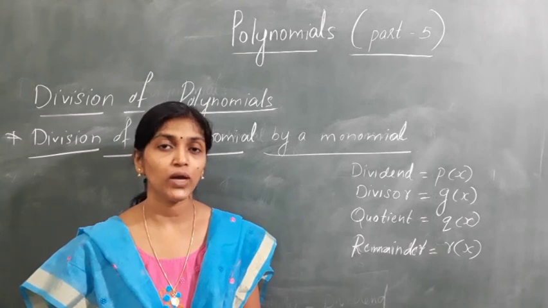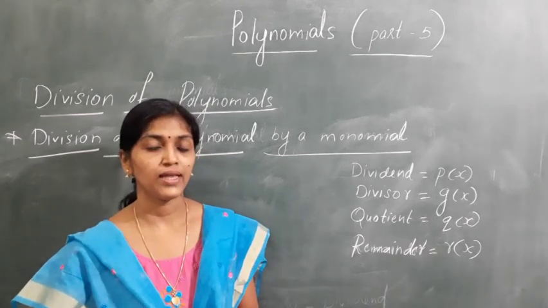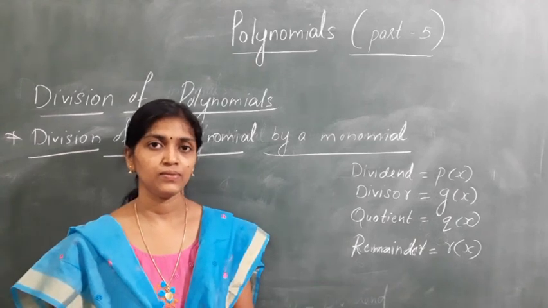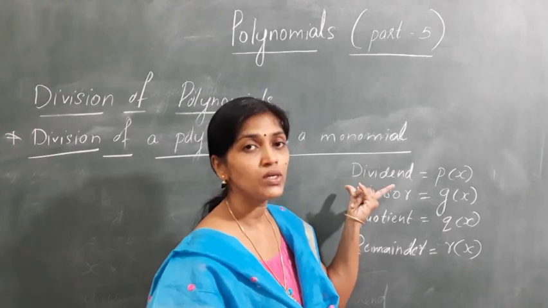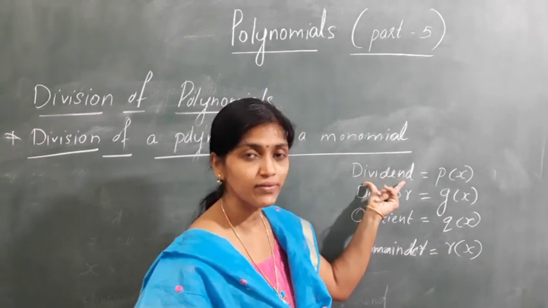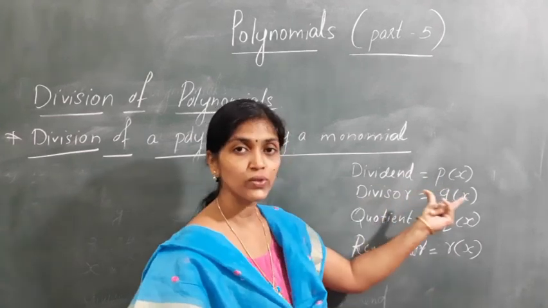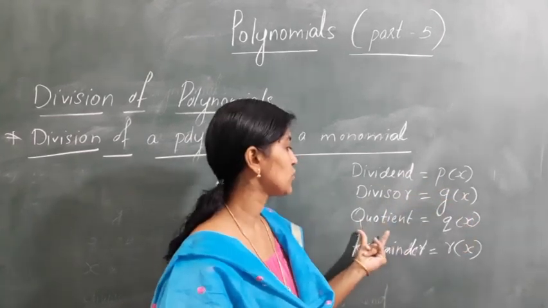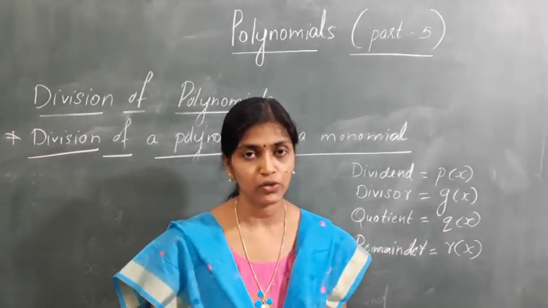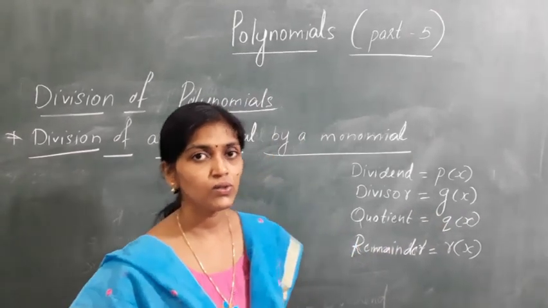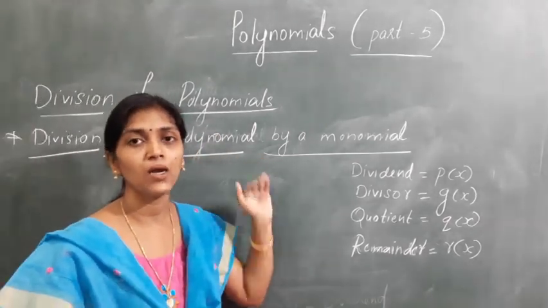You have seen the remainder where you are not getting 0. The examples we have seen here. And also we have studied how we denote a dividend. Dividend is denoted as P of x, divisor is denoted as G of x, quotient is denoted as Q of x, and remainder is denoted as R of x. So we studied division of a polynomial by a monomial.